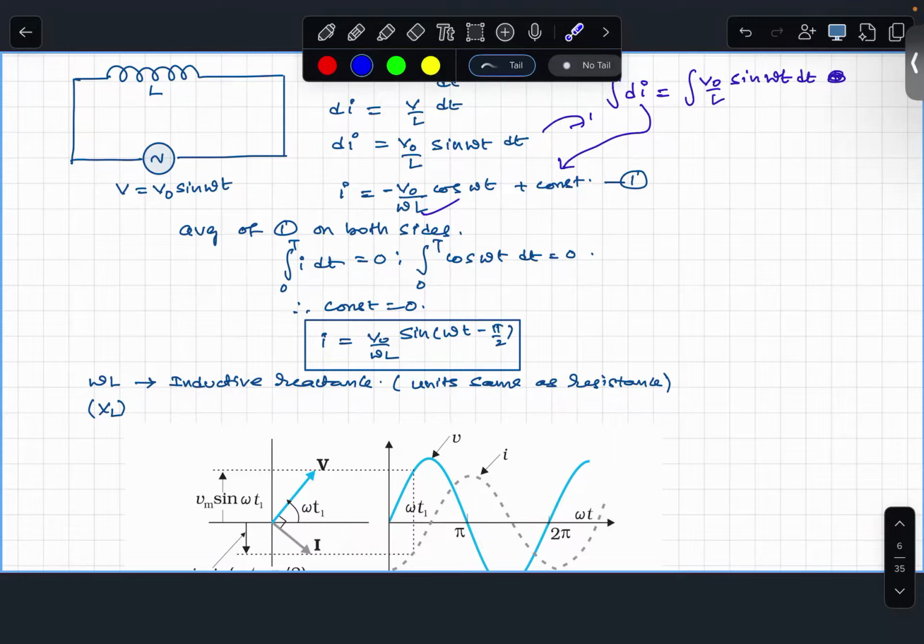Means the constant term must definitely be zero. Suppose any one term among these two survives, that will be the constant value otherwise. But to my understanding, both vanished to zero.